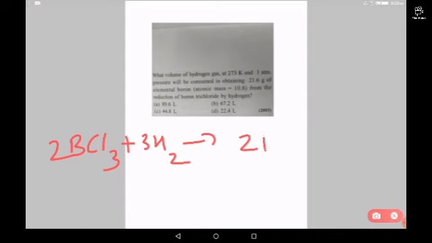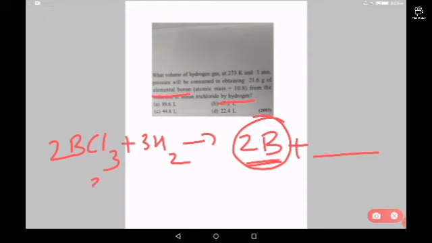So here the chemical reaction of boron trichloride will be this: 2BCl3 plus 3H2 will give you 2 boron, plus something else, don't consider that. We need to know elemental boron and hydrogen masses.